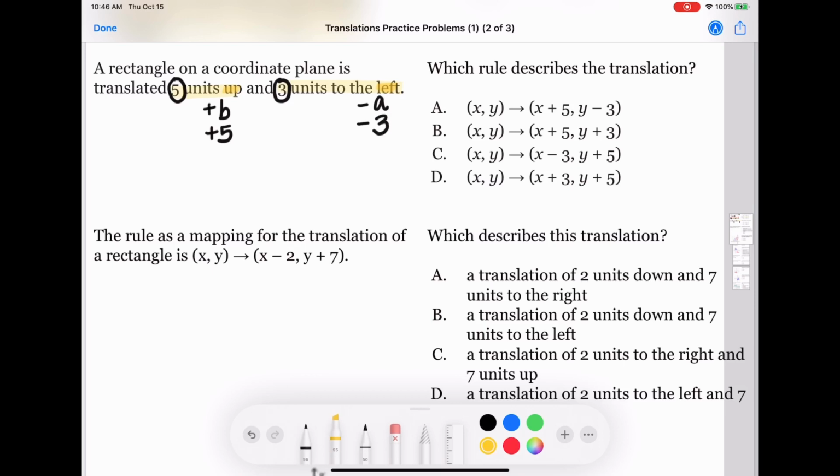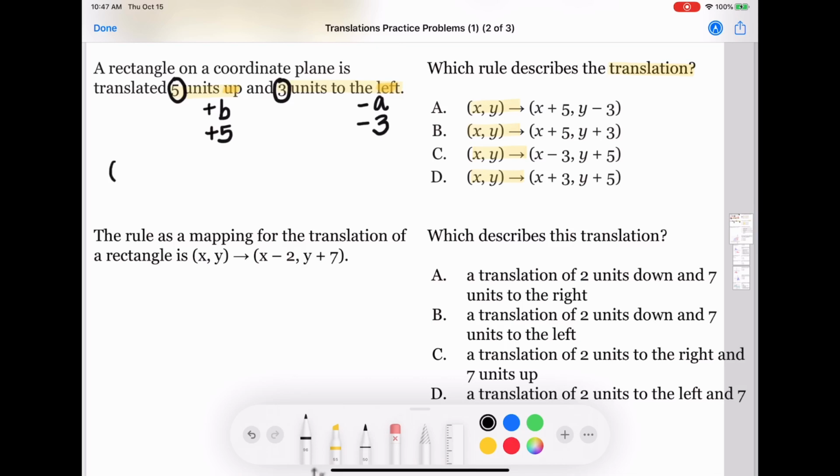Let us look at the question being asked. We are being asked to determine what rule describes this translation. And all our answer choices are taking the mapping rule form. So we want to create a mapping rule out of the information that we have.